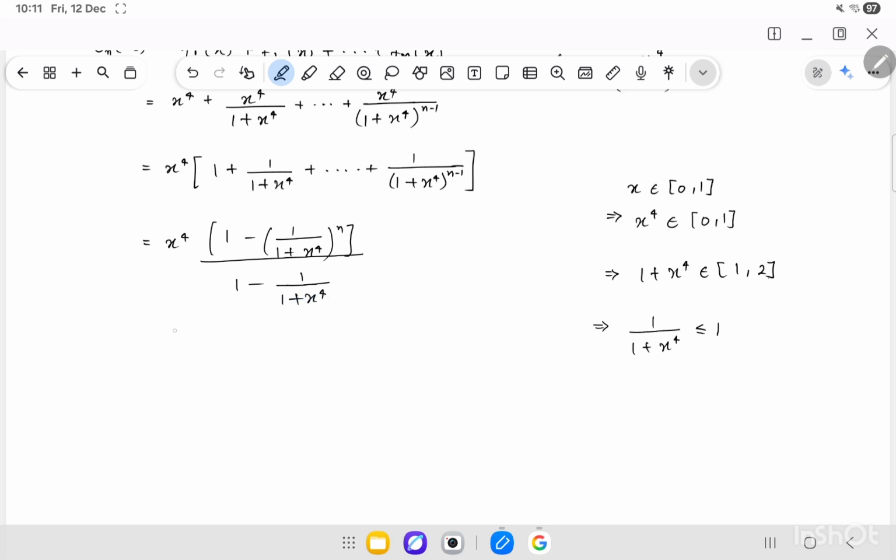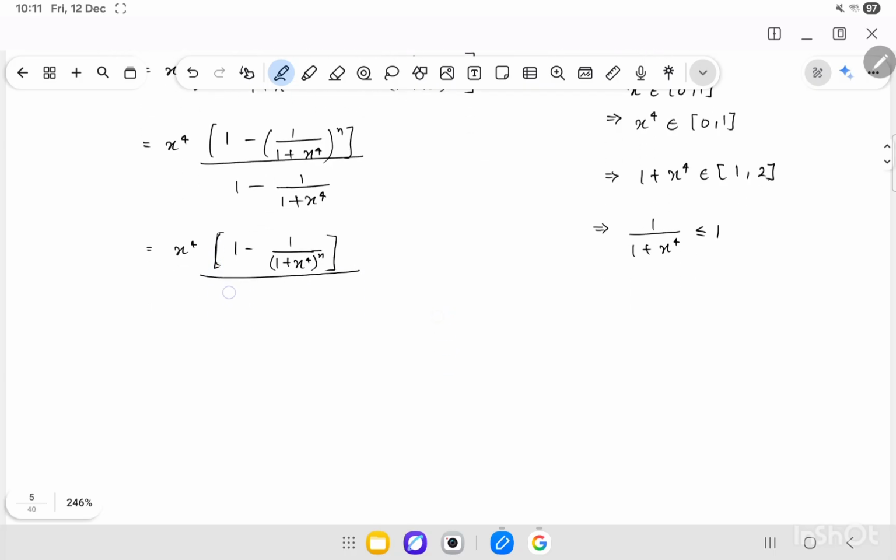And if I simplify it, it will be equal to x raised to 4 times (1 minus (1 divided by 1 plus x raised to 4) raised to n) divided by (1 plus x raised to 4 minus 1) divided by (1 plus x raised to 4). And this one balances this one, so it simplifies to (1 plus x raised to 4) times (1 minus (1 divided by 1 plus x raised to 4) raised to n).